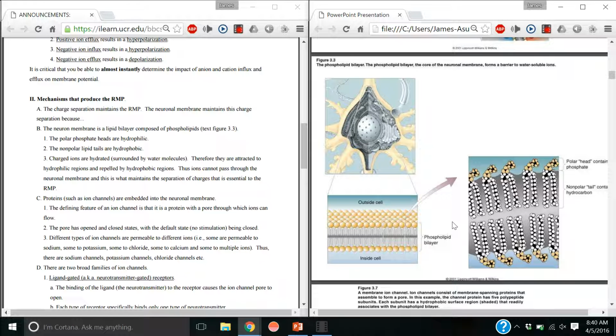So here you have the lipid bilayer, and this represents an ion channel. The defining feature of the ion channel is that there's a pore in the center, and when that channel is open, ions will flow through. So in this particular diagram, this represents the pore through the channel.